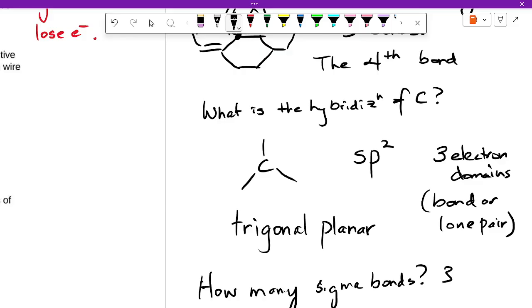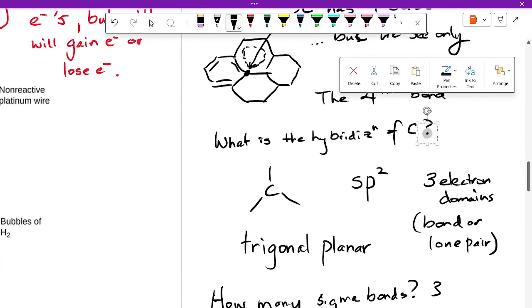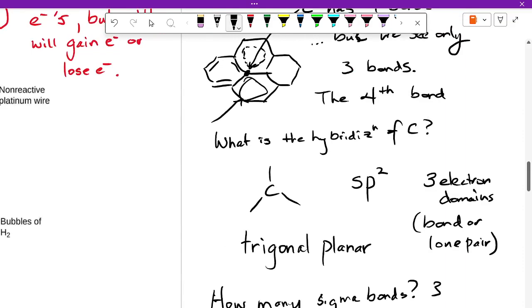In a double bond, you have a sigma bond, and then you have a pi bond. And in a triple bond, you have a sigma bond, and then you have a pi bond and another pi bond.